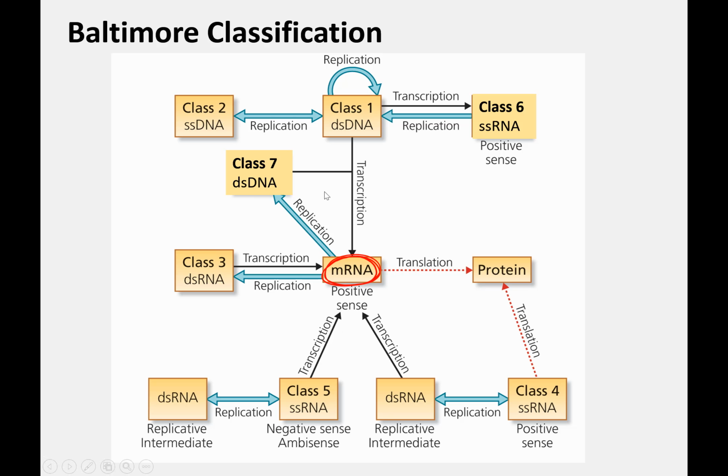We're going to talk about these different types of viruses and how they get to messenger RNA as we go through some of the viruses this semester. One thing I want you to think about is, when you do your virus research presentation, what class your virus is and what it needs to be able to express viral proteins from mRNA.